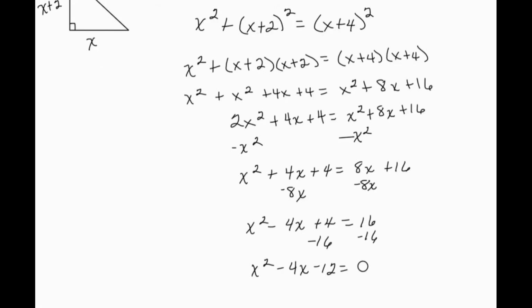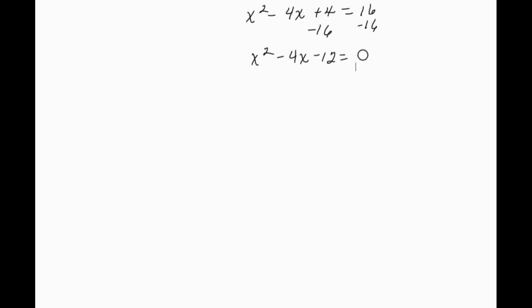Okay, here I have everything multiplied out. This is set equal to 0. And now I'm ready to solve my quadratic. What you should see there is that this is going to be able to factor. That should always be your first thing that you check, to see if it can be factored before just jumping into the quadratic formula.